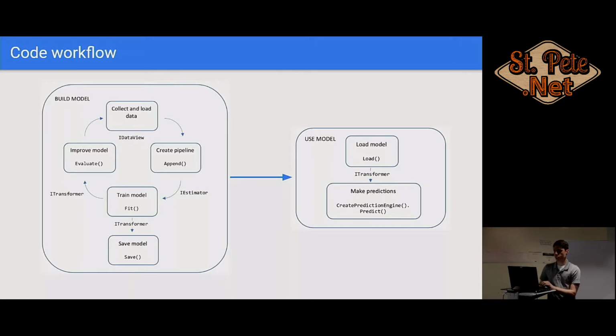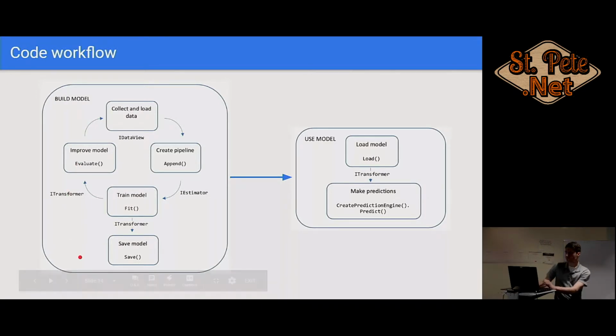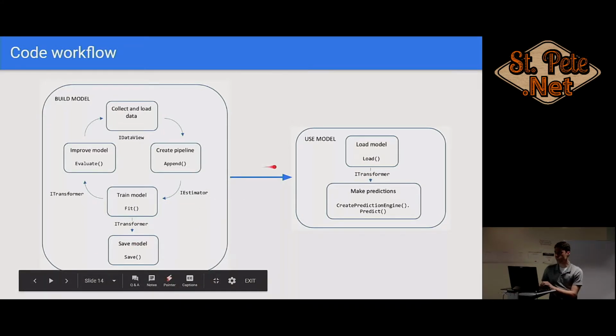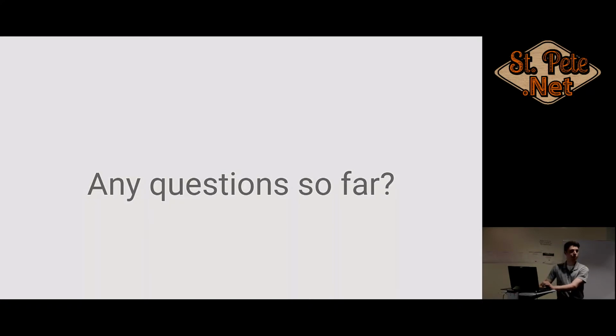Then you evaluate it to improve your model, and continuously iterate through this process until your model has a pretty good accuracy, like above 80-something%. Then you can save your model once you feel happy with the percentage of accuracy. After that, you can use your model using the load model method with the transformer and then the create prediction engine method.